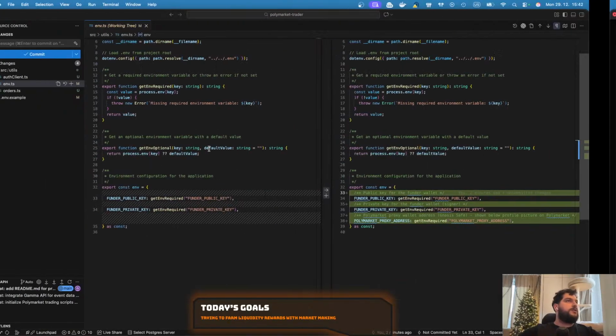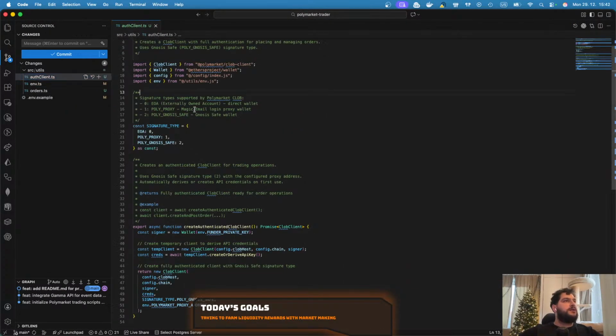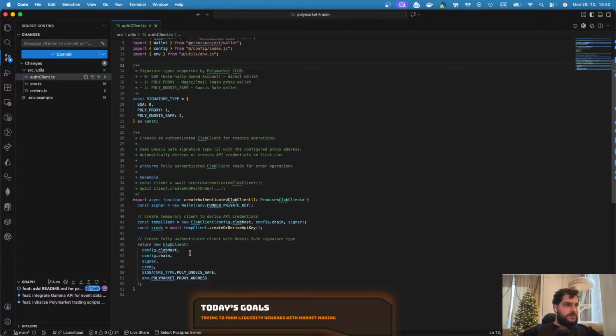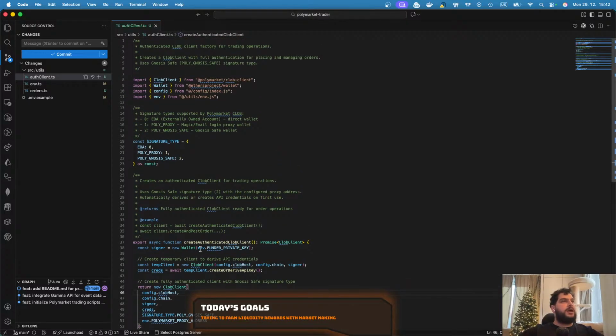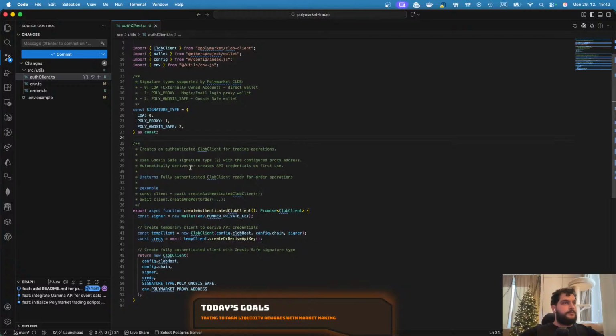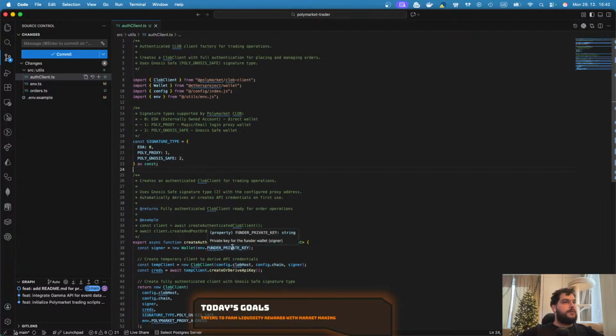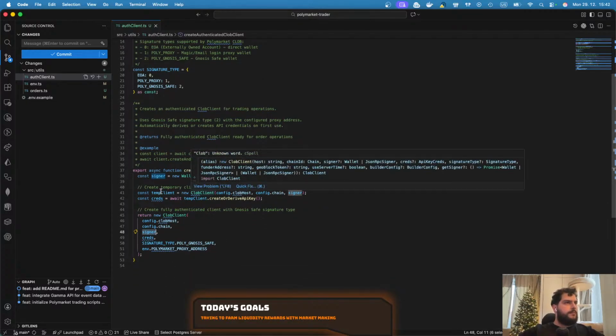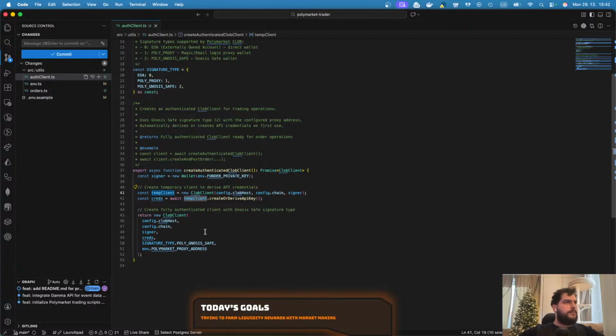Then it created a new authenticated client, which uses the Gnosis Safe signature, as you remember what we discussed from the last episode. Interesting.